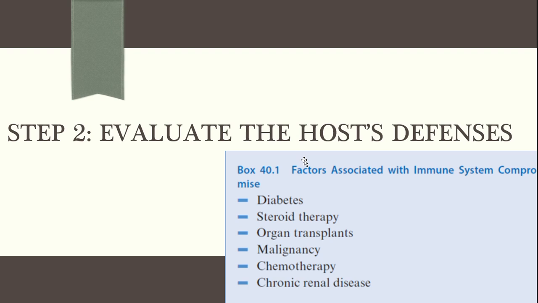These are more susceptible to infections. Renal disease: the body cannot tolerate infections well. So these are factors that can be associated with immune system compromise, and malignancy, of course, as well.